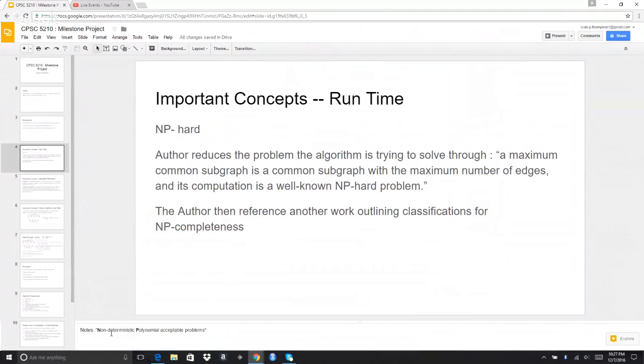So NP stands for non-deterministic polynomial acceptable problem. So given that this is an NP hard problem, there's not really a known runtime for this, and that would be a substantial improvement in the field to be able to classify NP hard problems and give a bounded time frame for them.